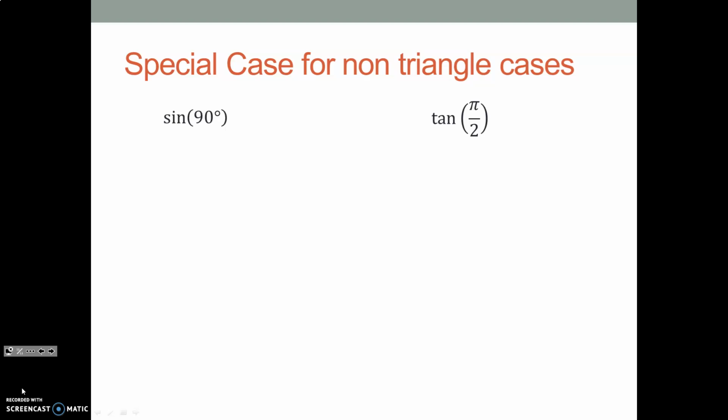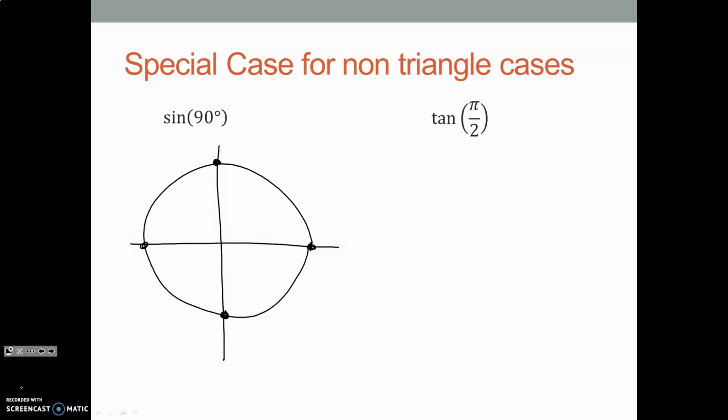We have sine of 90 degrees. So remember your unit circle. We've got our 4 points here on our unit circle. I am such a good circle drawer. Where is 90 degrees at? Well, remember we start at 0 here, and I'm going to rotate up 90 degrees.